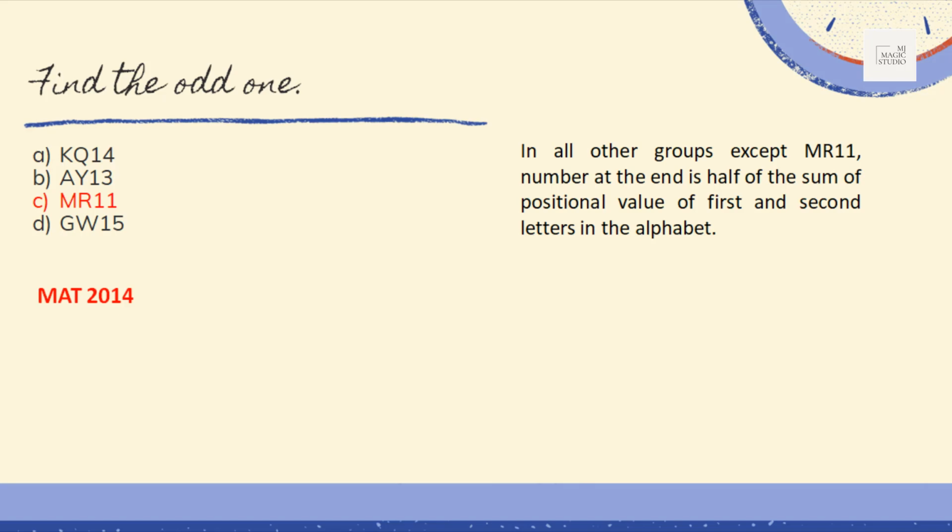Yes, option is C. In all other groups except MR11, the number at the end is half of the sum of the positional values of the first and second letters in the alphabet.